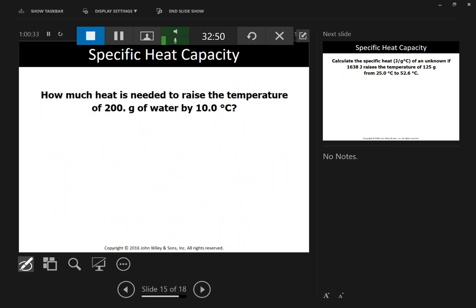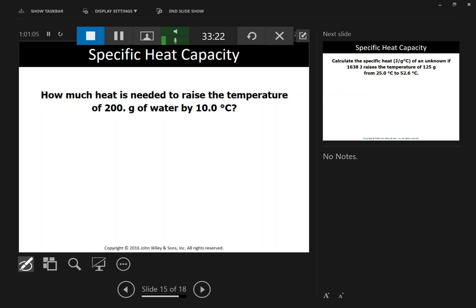Let's look at an example. How much heat is needed to raise the temperature of 200 grams of water by 10 degrees Celsius? So let's see what's given to us.